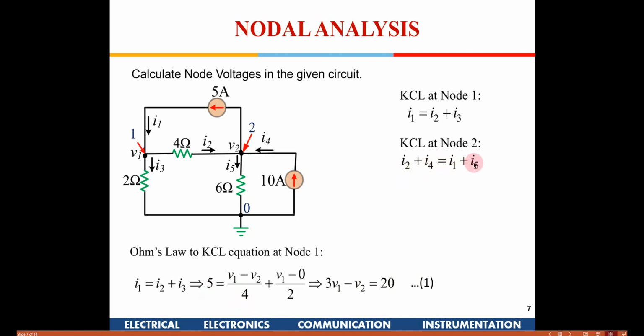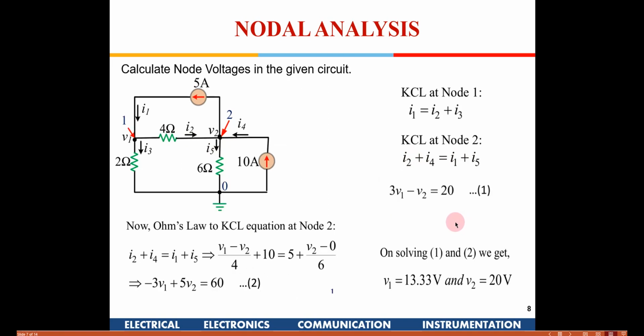Similarly, in this equation also we are going to substitute the value of V1 and V2 and known variables also. Known variables means I4 is known, and I1 is known. So we are going to put that, and we are going to put I2 and I5 in terms of V1 and V2. So this is what we did in the last slide. Now this is the next equation where we are going to substitute.